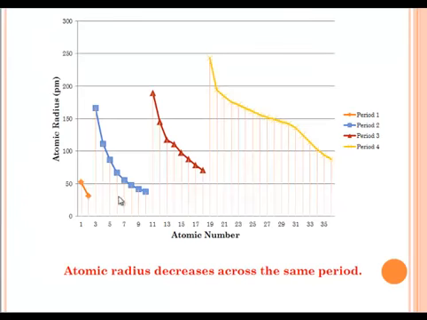As you move across the period, the size of the element decreases, hence the first ionization energy increases. So you can draw this logical conclusion.